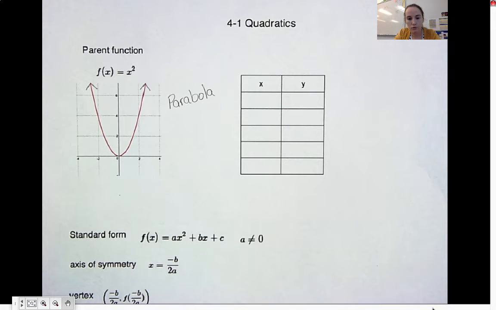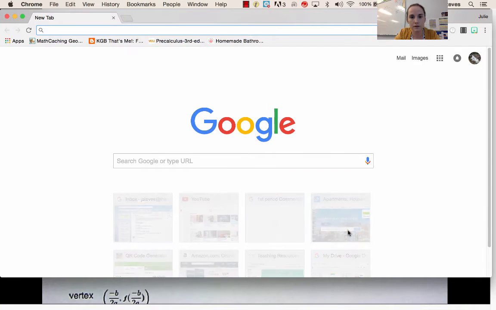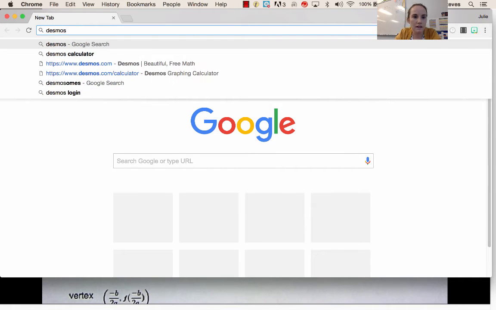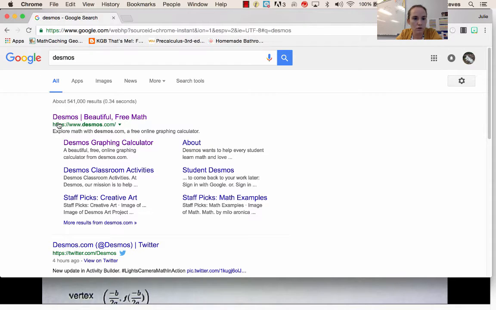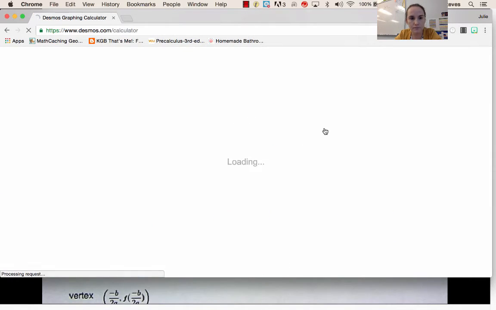So if you go to Google, and you just type in Desmos, D-E-S-M-O-S, and press enter, this Desmos beautiful free math is what comes up on my screen, and we start graphing. Just click start graphing.